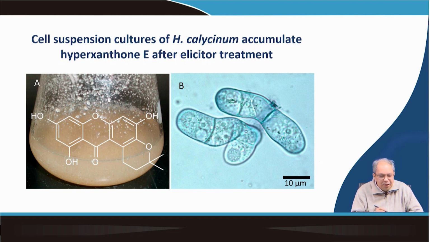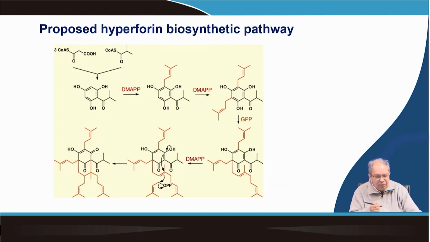Upon elicitation it accumulates hyperxanthone, not specifically hyperforin, but that itself appeared to be of pharmaceutical interest, and that is why I mentioned here that cell cultures can also upon elicitation produce different interesting compounds.